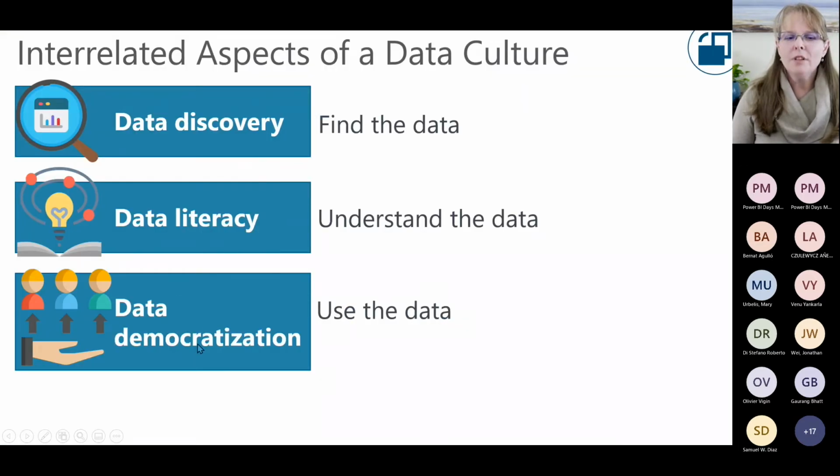Sounds an awful lot to me like data democratization, the third thing here. We could talk for a whole half an hour about data discovery, data literacy, and data democratization. They're all three really big, important parts of data culture. But if we distill those definitions down to the simplest thing, data discovery helps people find the data.